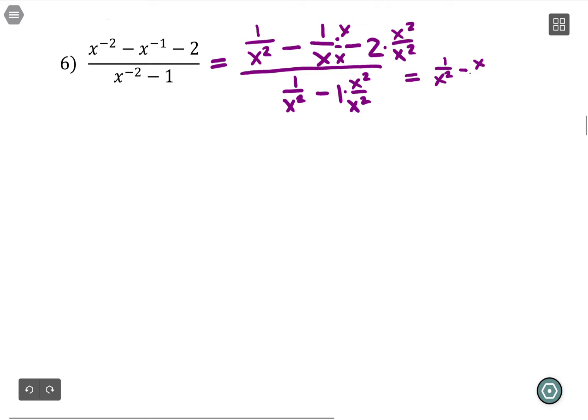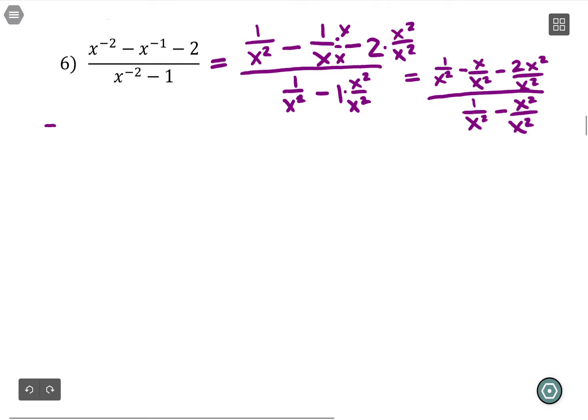Minus x over x squared minus 2x squared over x squared, divided by 1 over x squared minus x squared over x squared.